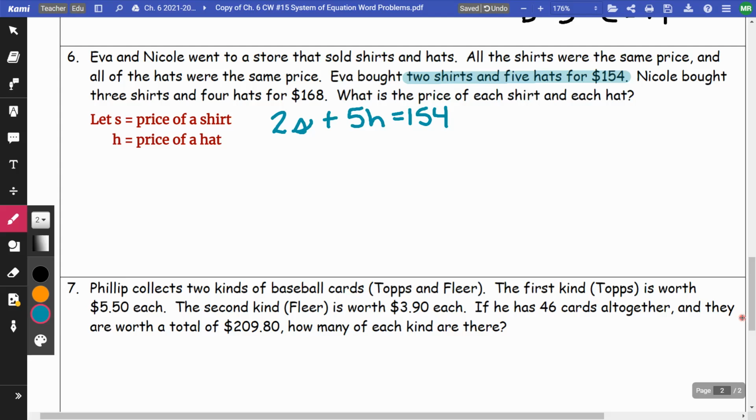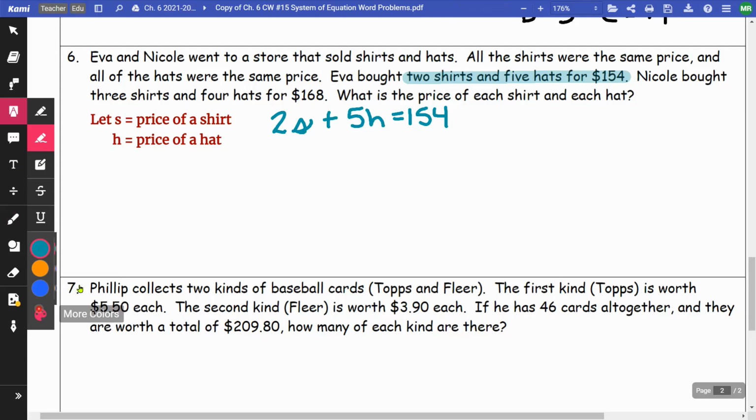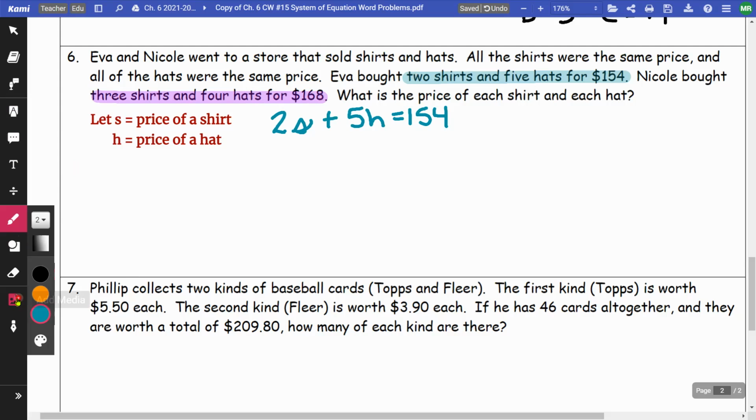And then my second equation is going to come from 3 shirts and 4 hats for $168. So 3 times S, being the cost of shirts, plus 4 times H, which is the cost of a hat, is equal to $168.